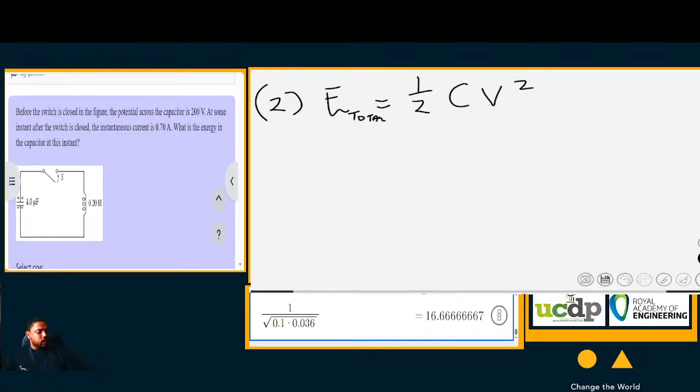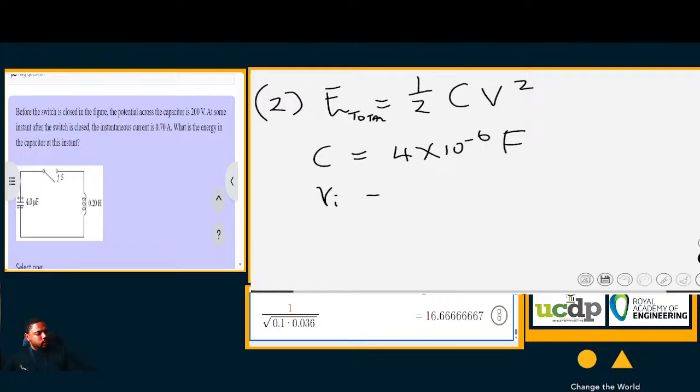What we've been given is the capacitance. It's 4 microfarads, so 4 times 10 to the negative 6 farads. Then we have the initial voltage, I'll just write VI, much easier.